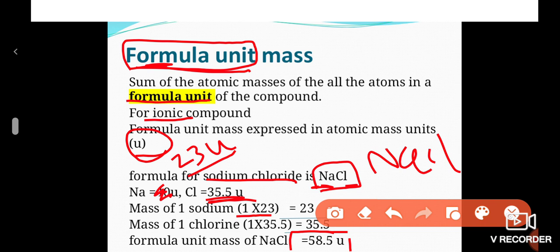We add the mass of sodium and the mass of chlorine, and we get 58.5 U. Okay, only the word alone changes. Remaining all the steps are the same as molecular mass. Molecular mass denotes the mass of a molecule. Formula unit mass denotes the mass of a formula. Okay.